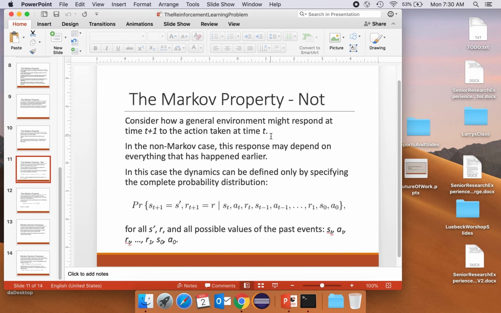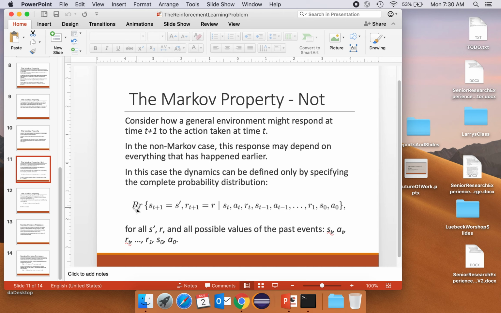So let's have a look at something that doesn't have the Markov property. Again, what we're interested in is how we should respond at time t plus 1. So what should we do next? We're certainly at time t right now. In the non-Markov case, the response depends on everything that happened earlier.